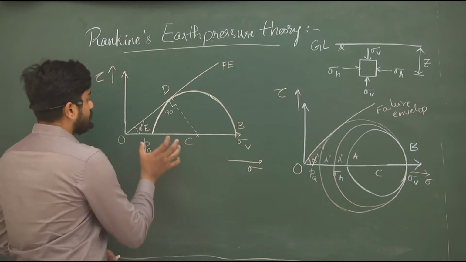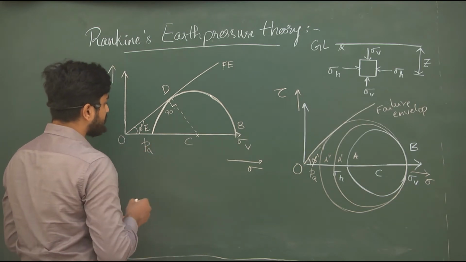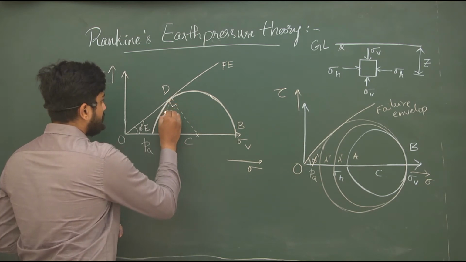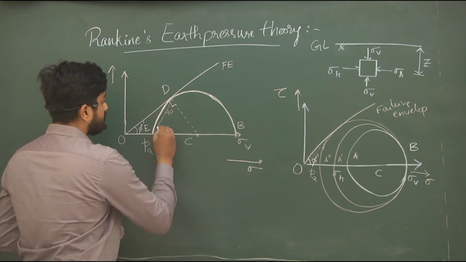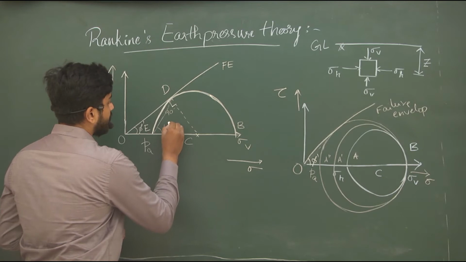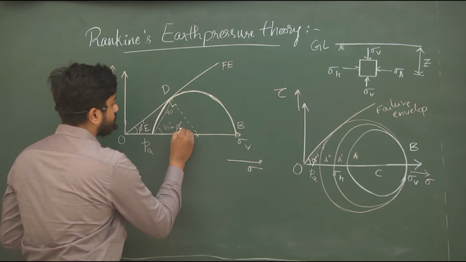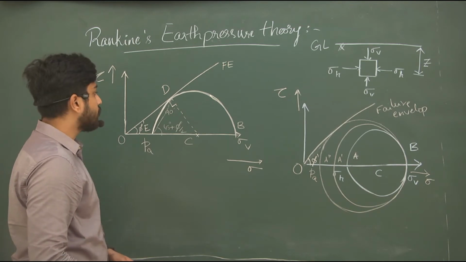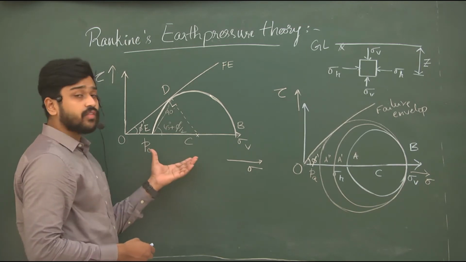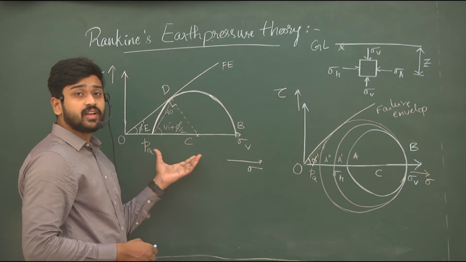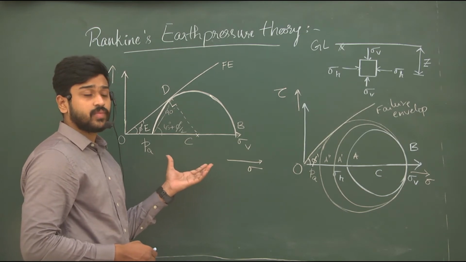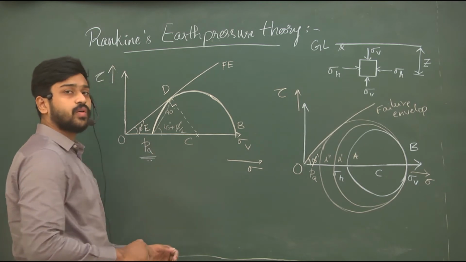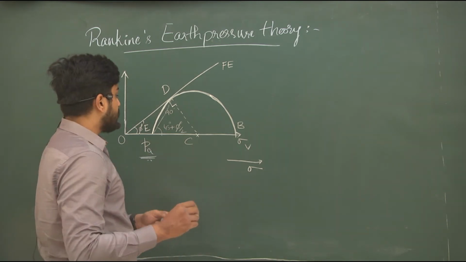If you consider this diagram and join these two points, this angle is 45 degrees plus phi by 2. For this particular case, now we need to consider our active earth pressure, that means we need to determine this Pa. Let us try to solve this now.